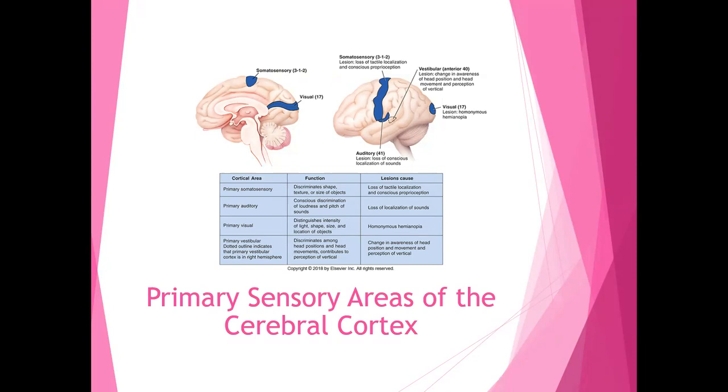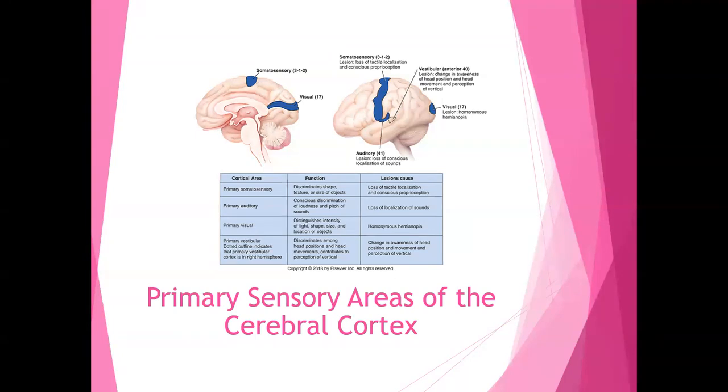In the 5th edition, it's in chapter 26, but it's the same chart. And it has listed the 4 cortical areas: primary somatosensory, primary auditory, primary visual, and primary vestibular. So those are kind of our 4 main primary sensory areas, what their function is, and then if there's a lesion on that area, what is the effect?